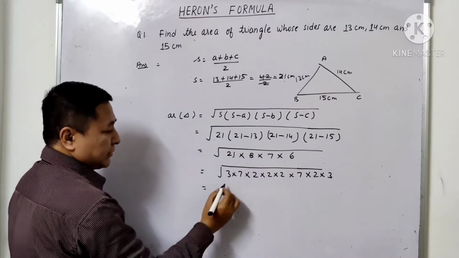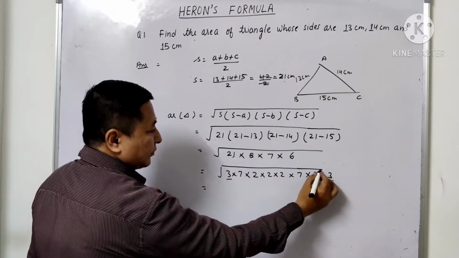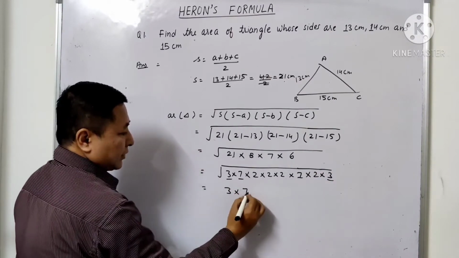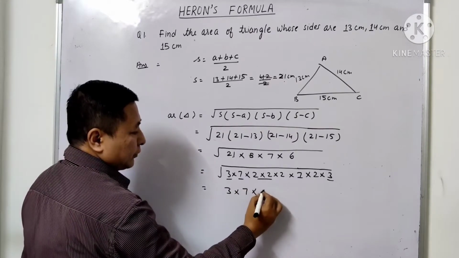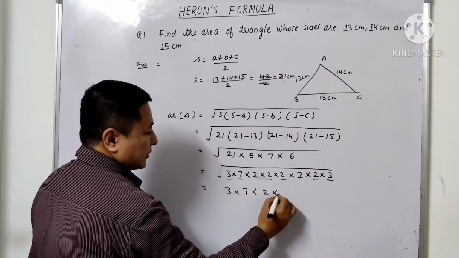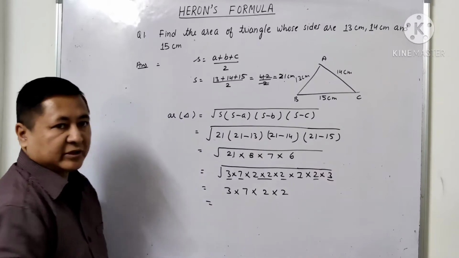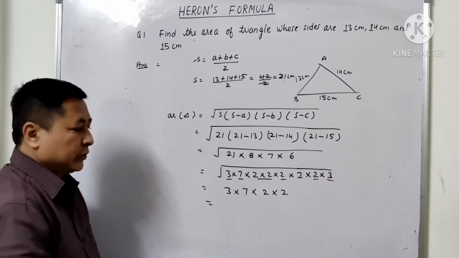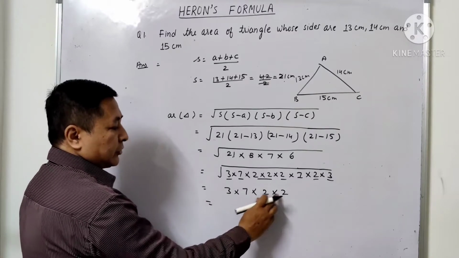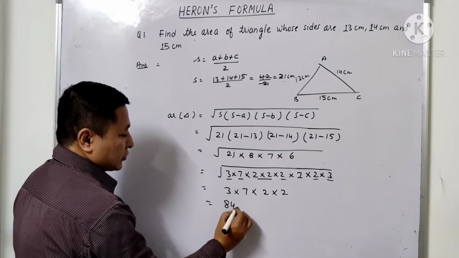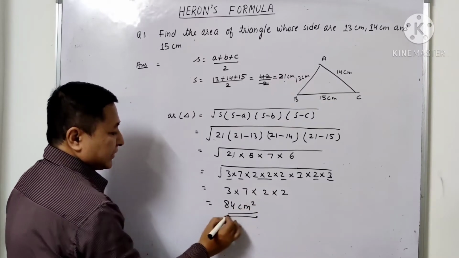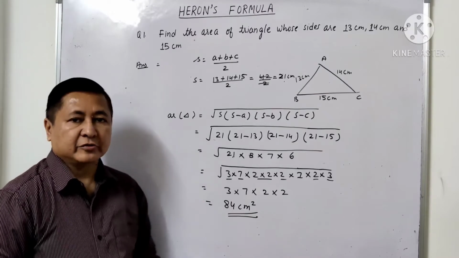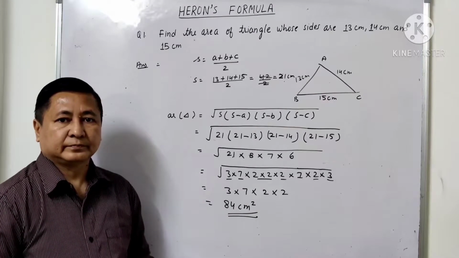Now I will make the pairs: this 3 and 3, this will become 3, 7 and 7, and then we have 2 and one more 2. So now we will multiply this to get the final answer, that is the area of the triangle. 3 7s are 21, 21 2s are 42, 42 2s are 84. So the area of the triangle whose sides are 13, 14 and 15 centimeter is 84 centimeter square.